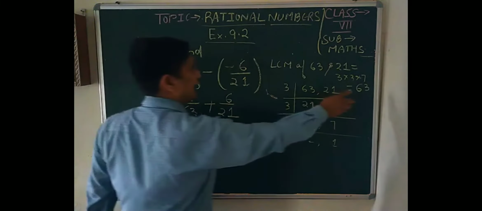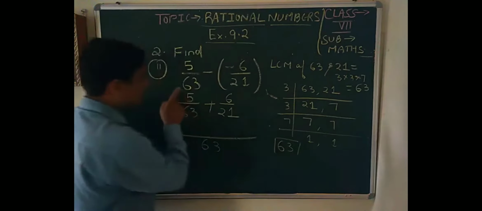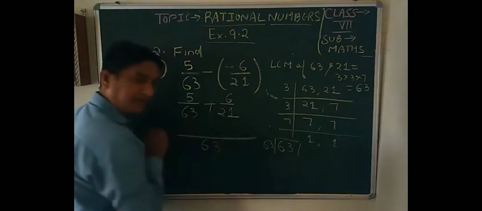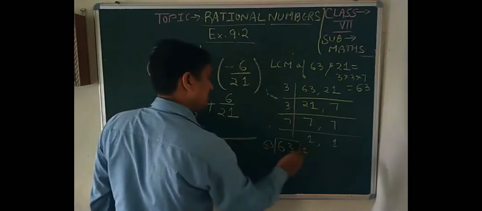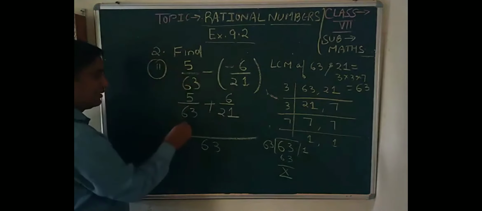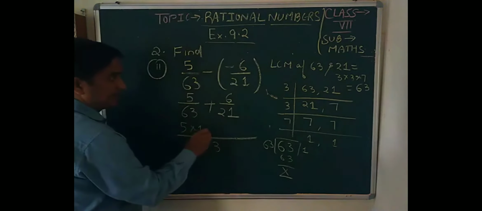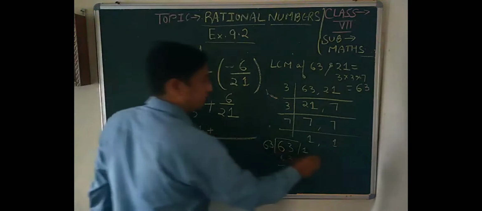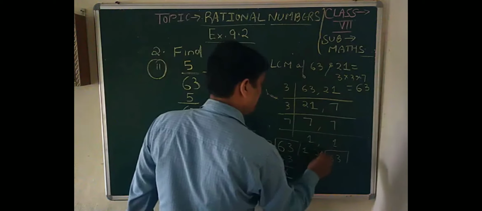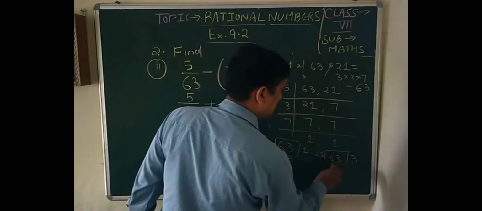Now divide this LCM 63 by the first rational number's denominator, that is 63. 63 ones are 63. Now we will multiply this numerator by the quotient, that is 1. Plus, now we divide this LCM by the 21. 21 3s are 63.